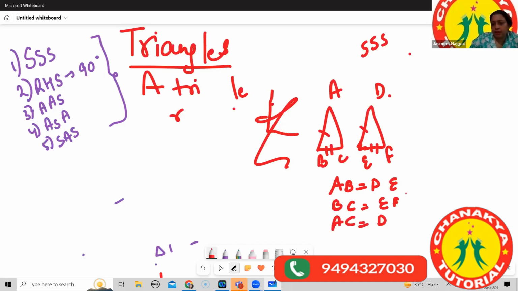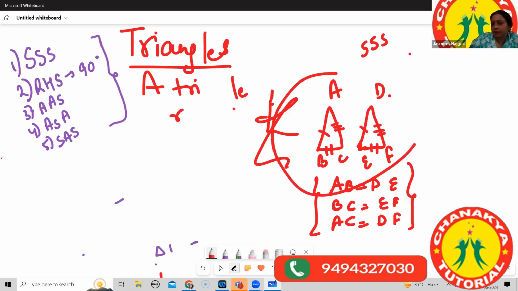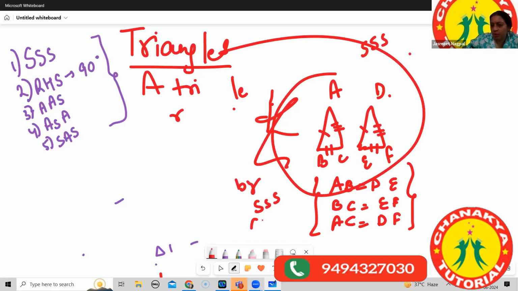So these three are the possibility to prove the congruency, so that these two triangles are congruent. Which criteria will you use? You will use SSS congruency. By SSS congruency, after that you will write, therefore, these two triangles are congruent. Okay?